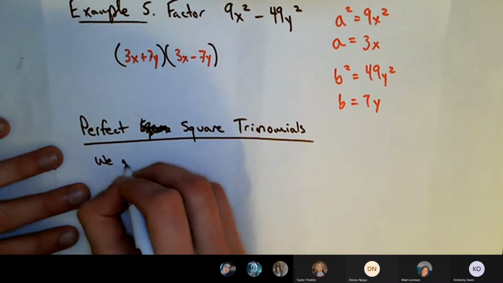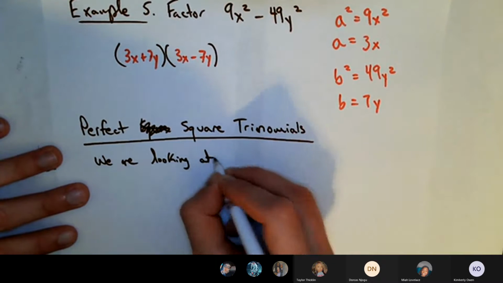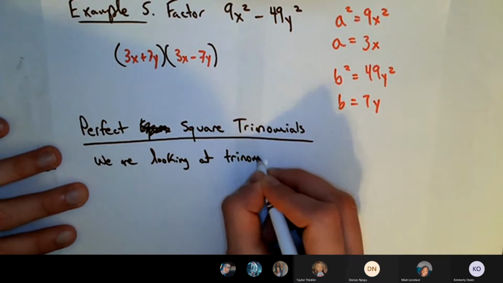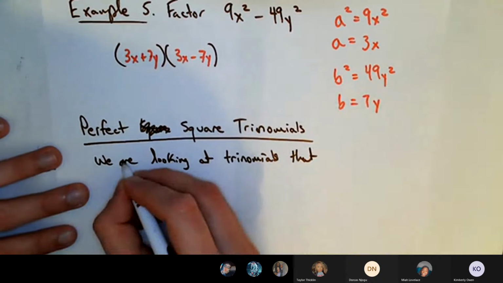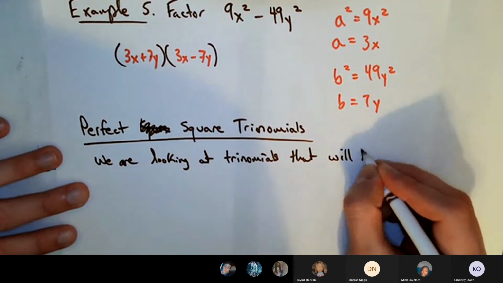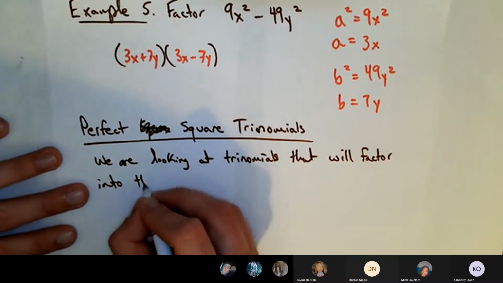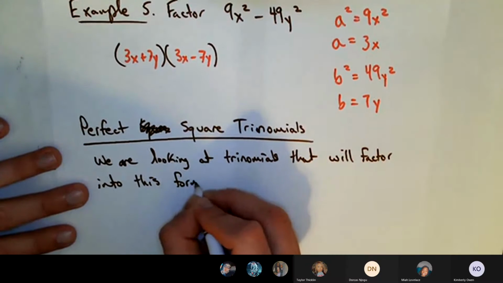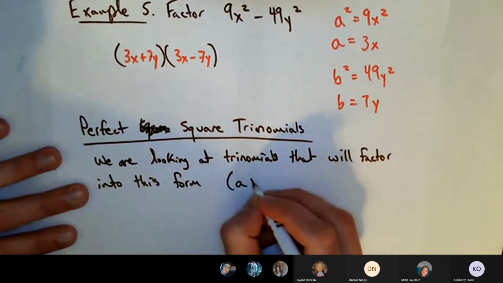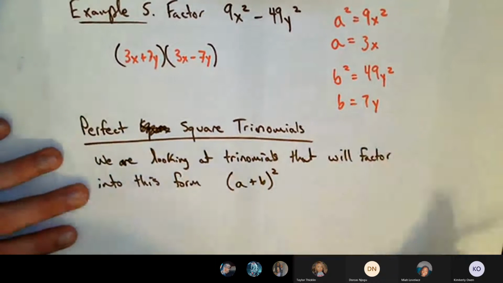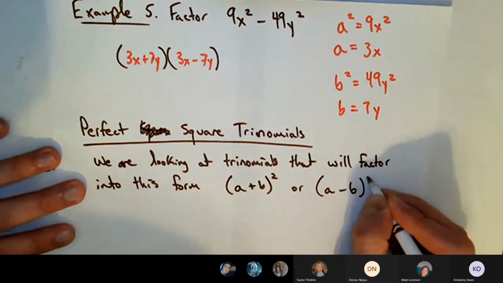So we are looking at trinomials that will factor into this form: some term plus some term all squared, or some term minus some term all squared.